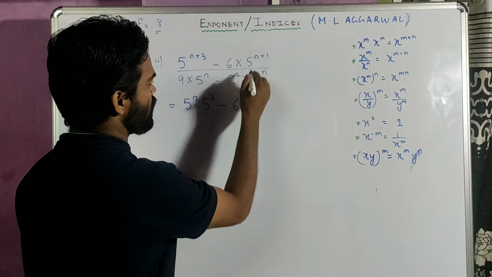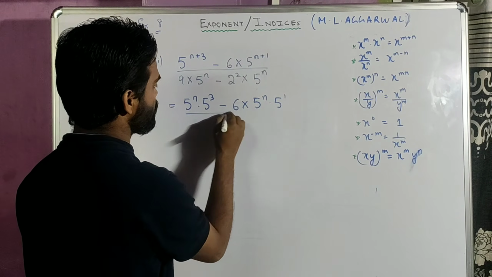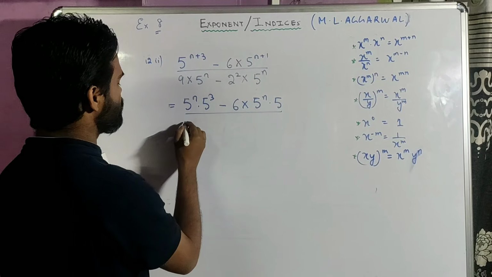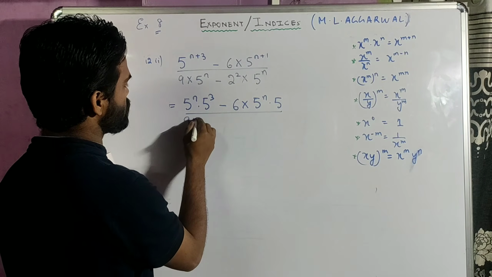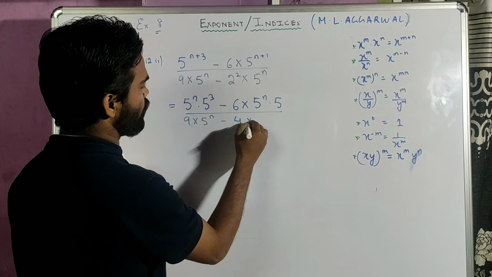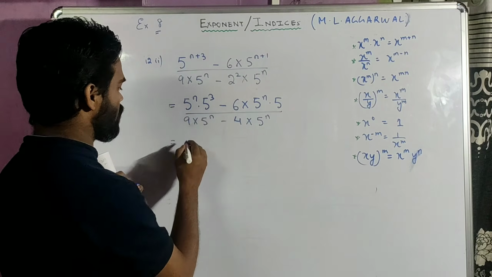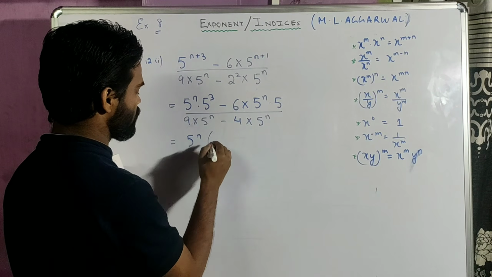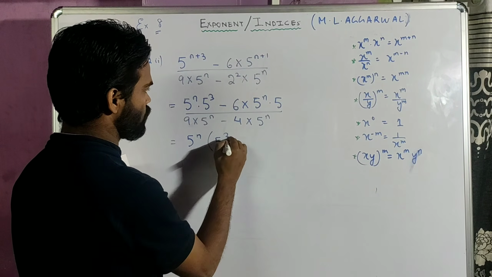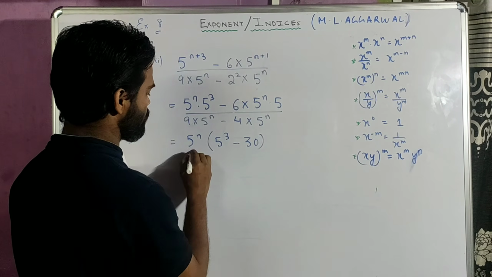Similarly, over here I can write 5 to the power n multiplied by 5 to the power 1, or 5, same thing. This is 9 into 5 to the power n minus this is 4 into 5 to the power n. Now if you look carefully, if you take out 5 to the power n common, this is 5 cube minus 6, 5s are 30 is left over here.